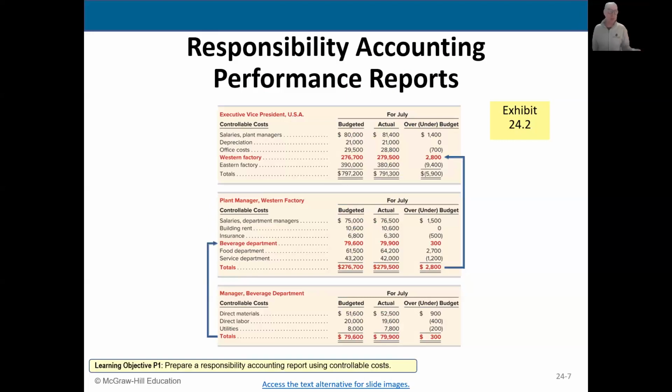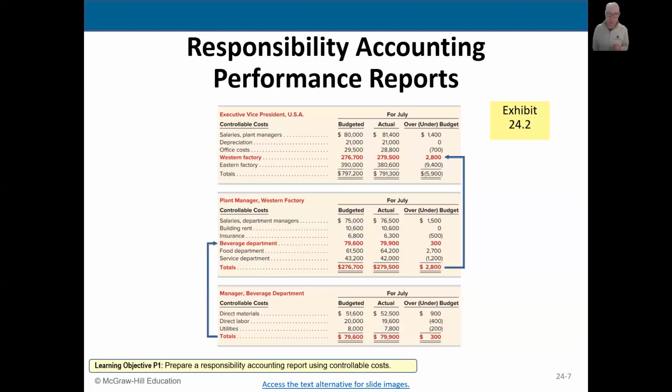We analyze the difference between the budgeted and actual amounts to understand the variance. The variance is how we evaluate the performance of each level of management.